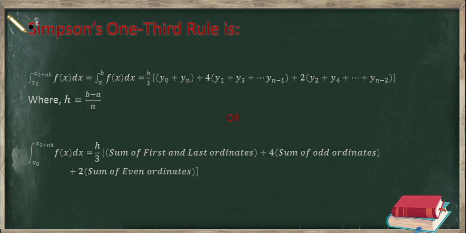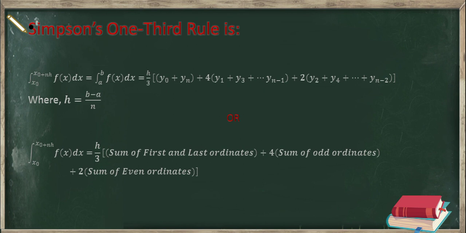See again, what is Simpson's one-third rule? Integration from x0 to x0 plus nh of f of x dx, or we can write it as integration from a to b of f of x dx, is equal to h by 3 times [y0 plus yn plus 4 times (y1 plus y3 up to yn minus 1) plus 2 times (y2 plus y4 up to yn minus 2)], where h is equal to (b minus a) upon n.